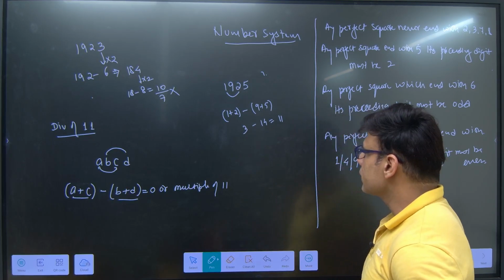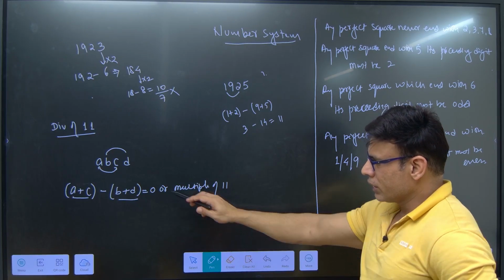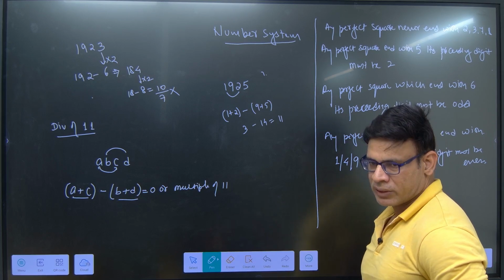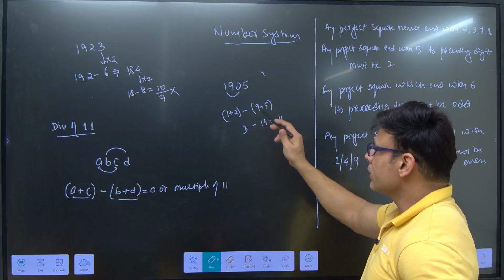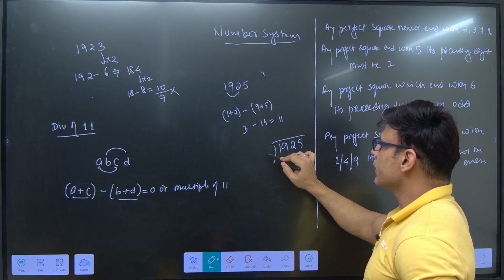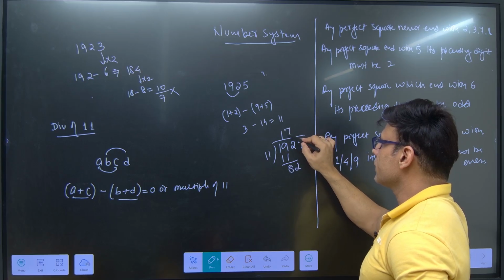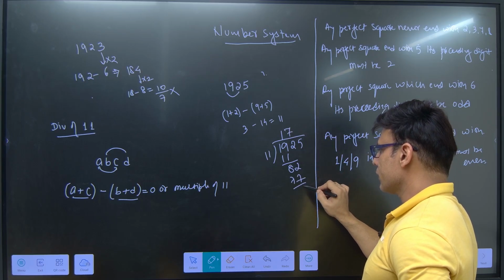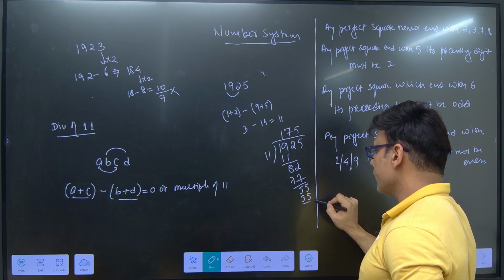Take the modulus of this. 11. I told you what? Either it should be 0 or 11 or 22. Multiple of 11 means 22, 33. This number is surely divisible by 11. Divide this. 11 ones are 11. 8, 2. 11 sevens are 77. 5 and 5. 11 fives are 55.